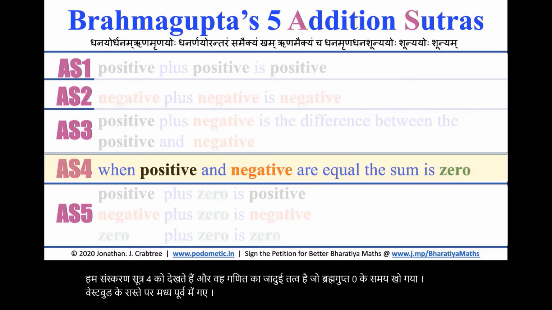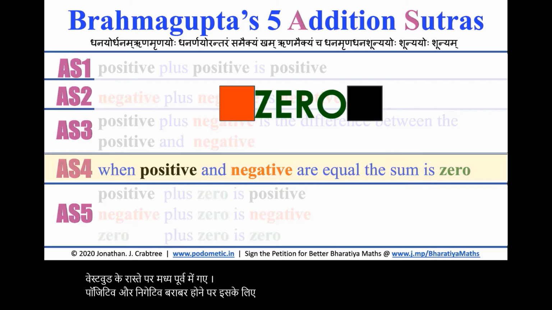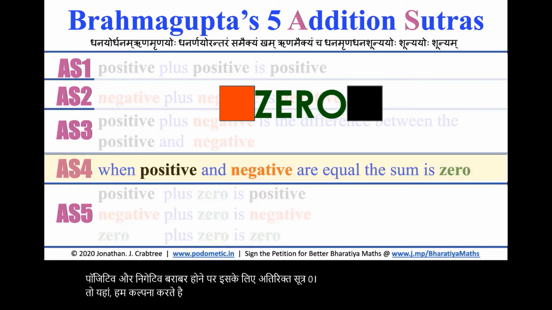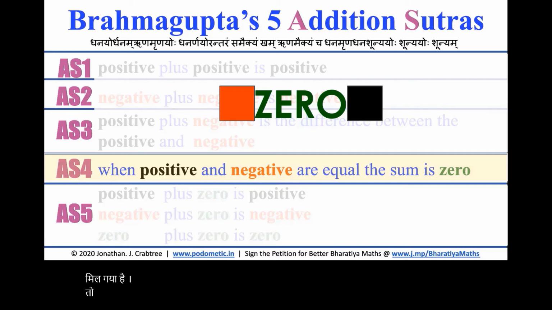Addition Sutra 4: when positive and negative are equal, the sum is 0. So here, let us imagine that we've got one black positive and one red negative. When the positive and the negative are equal, the sum is, as you can see, 0.